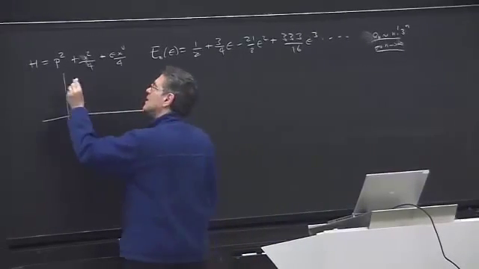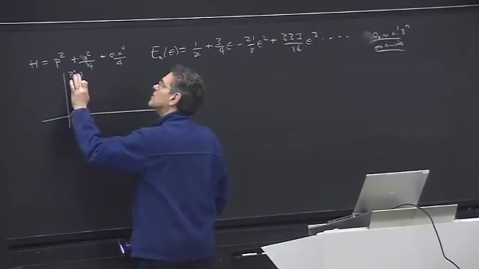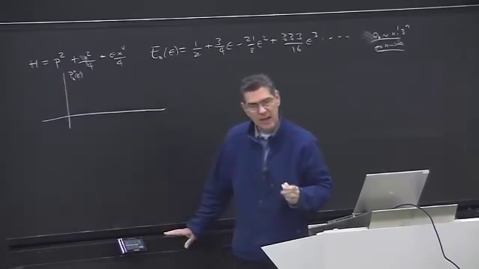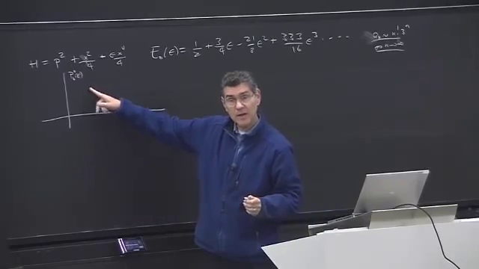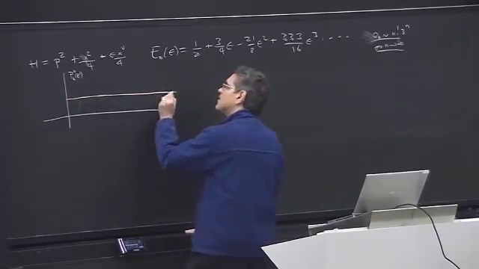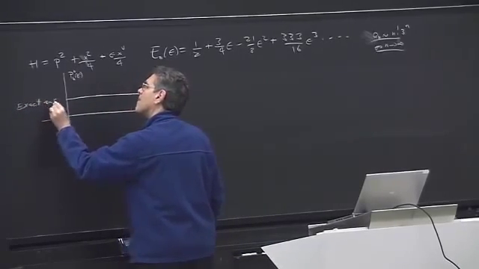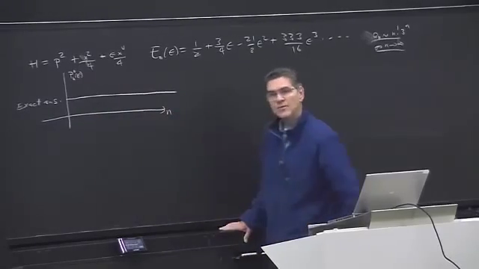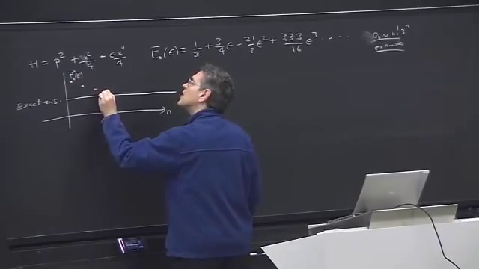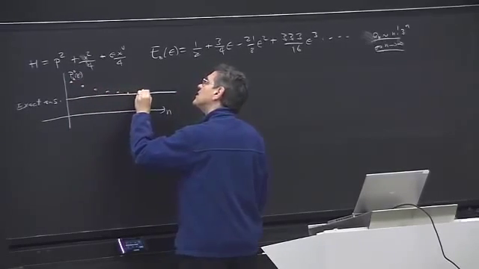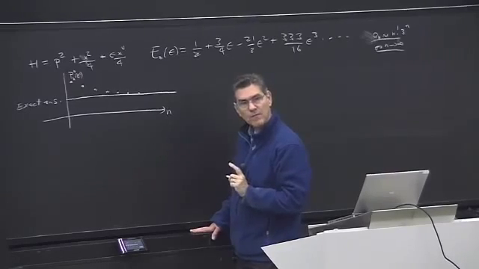So if you plot the P_N^N of epsilon, that's half of the numbers in the Padé sequence, against n, with the exact answer marked here, typically what you discover is that these converge in a monotone decreasing fashion and approach the exact answer from above.